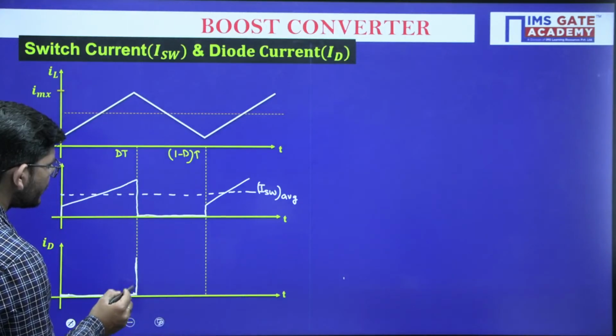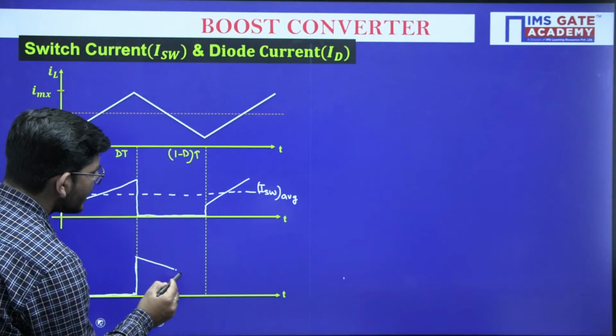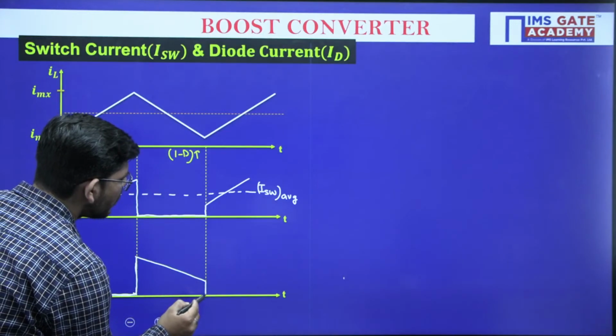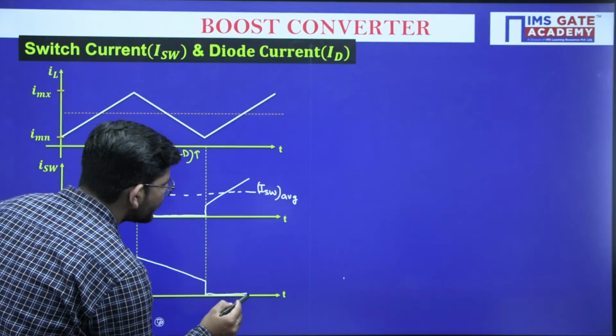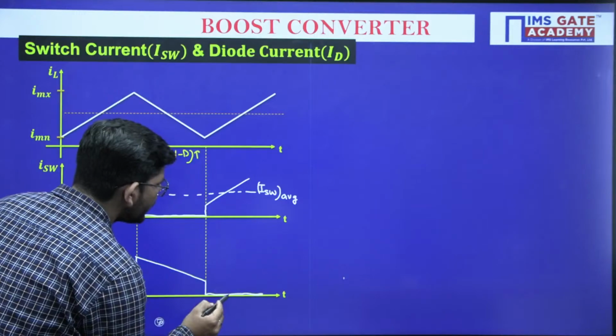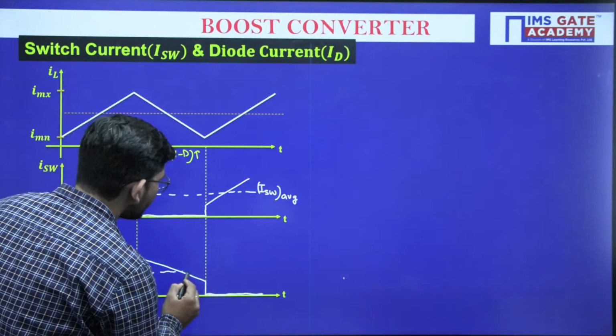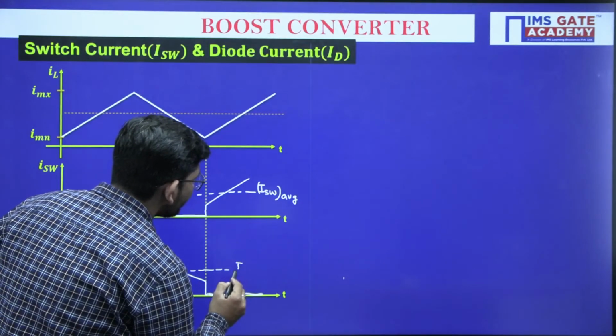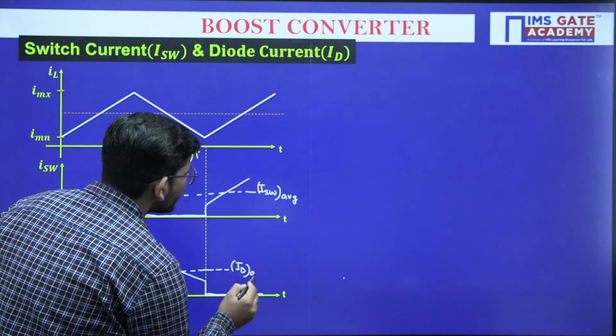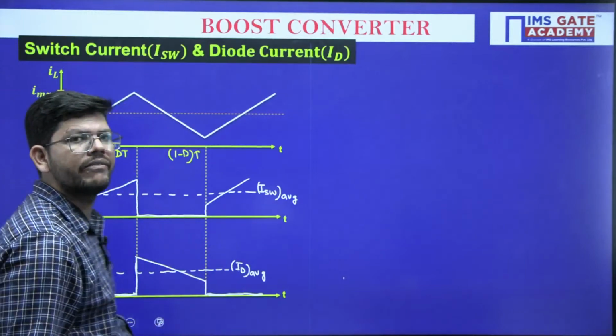During the on period, there is no diode current, because the diode was off during the on period. So this is how my diode current will be varying, and this is what I will call the average diode current.